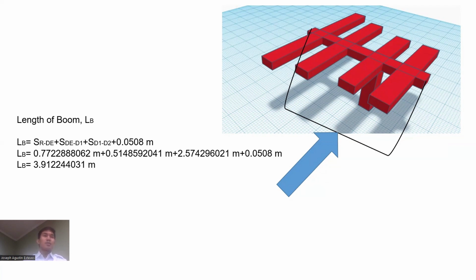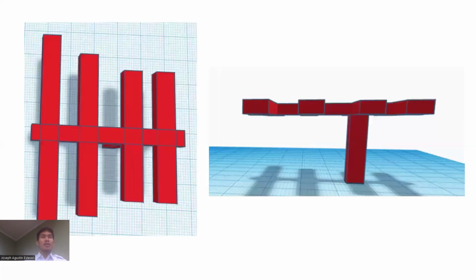Length of boom equals 0.7722888062 meters plus 0.51485922041 meters plus 2.574296021 meters plus 0.0508 meters. And the answer is 3.912244031 meters. And this is the actual design of our dipole antenna design.